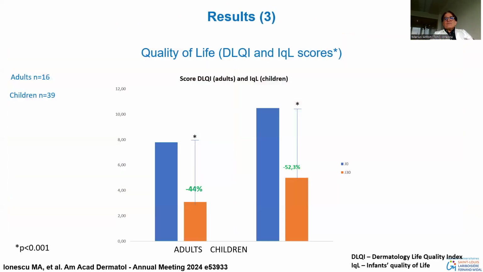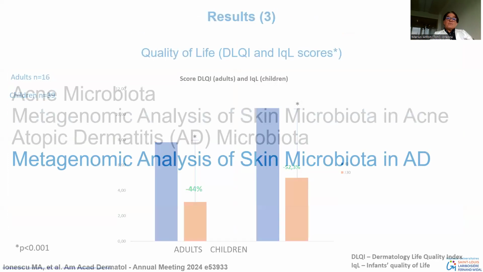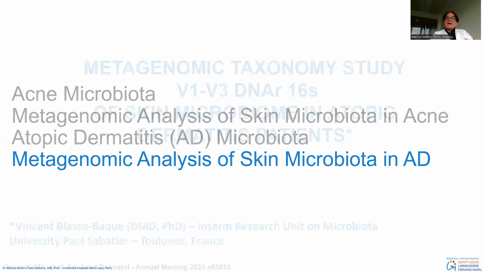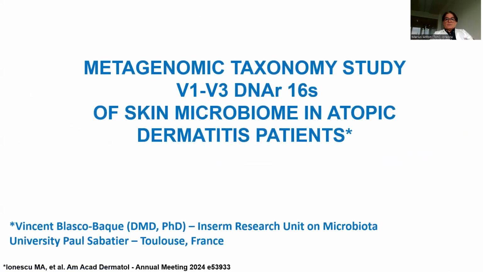The quality of life also improved in adults, with the Dermatology Life Quality Index, and in the children participating in the study, the Infant Quality of Life also improved. And we also made a metagenomic analysis of skin microbiota in this series of atopic dermatitis.